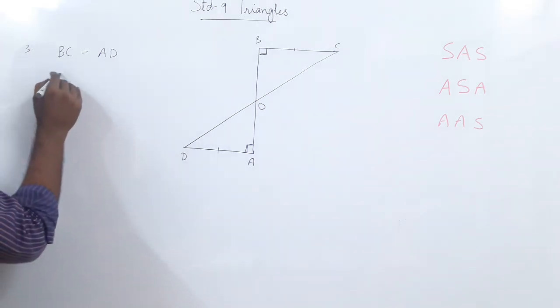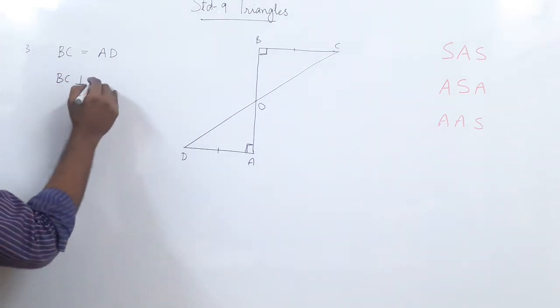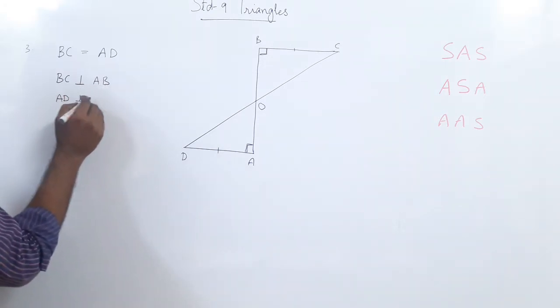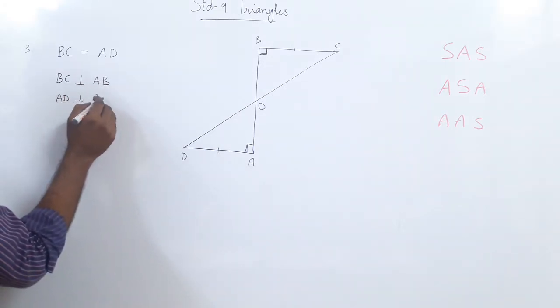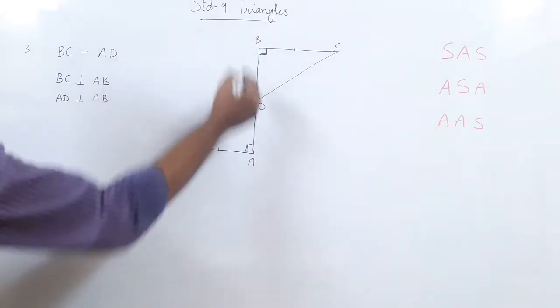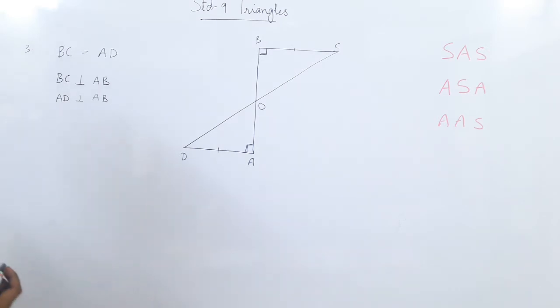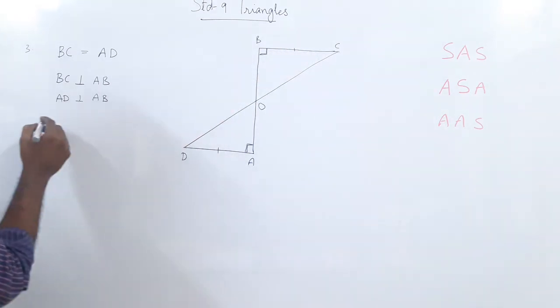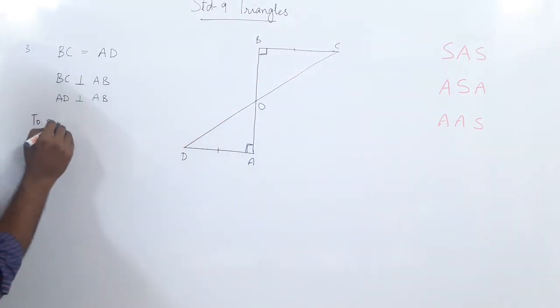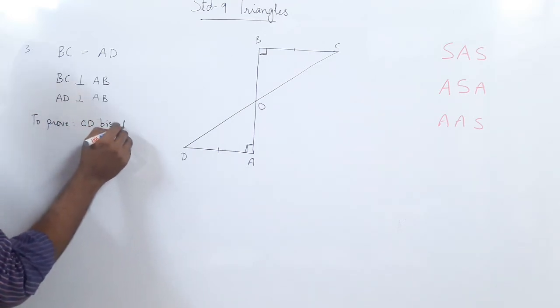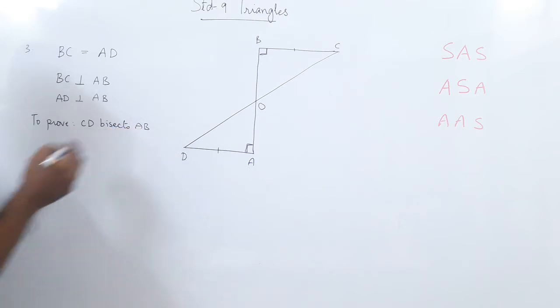So BC is perpendicular to AB and even AD is perpendicular to AB. And we have to prove CD, what are we to prove? We have to prove CD bisects AB.